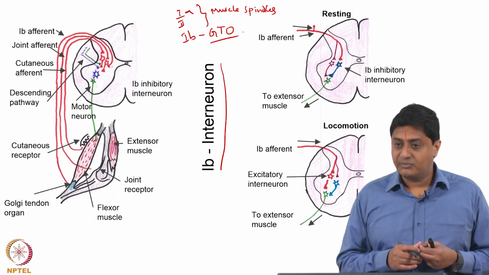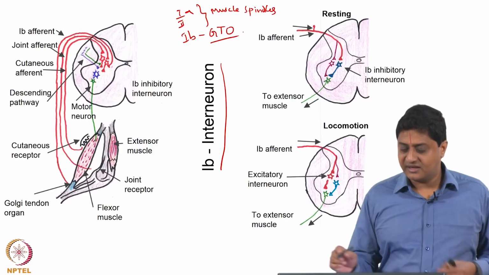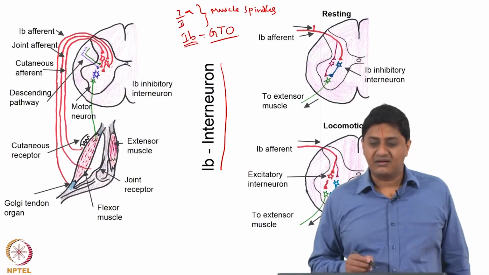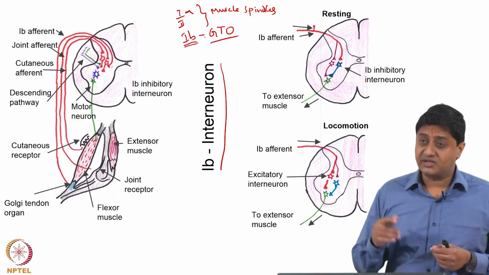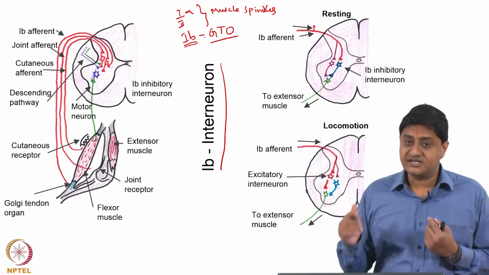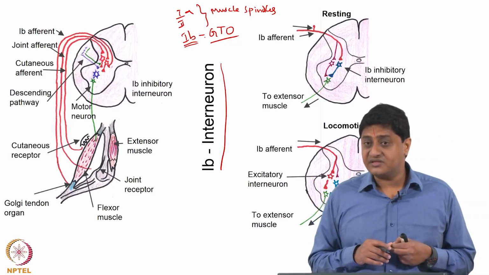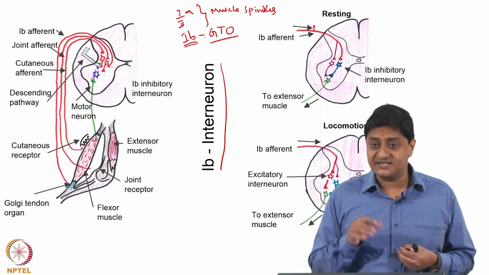send proportional inputs through its afferent, which is called the 1B afferent. So that means, if a muscle is contracting, its negative feedback must be to relax that muscle, is it not? That means I should inhibit the alpha motor neuron that excites that muscle.